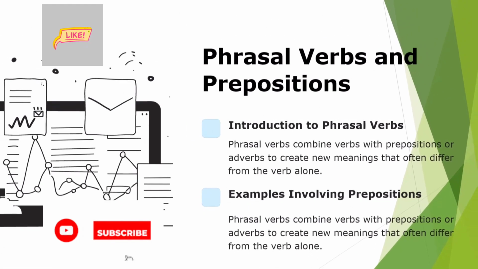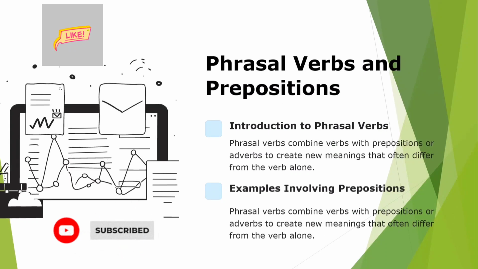Now let's look at phrasal verbs and prepositions. Introduction to phrasal verbs. What are phrasal verbs? Phrasal verbs combine verbs with prepositions or adverbs to create new meanings that often differ from the verb alone. Let's turn this into a clear, friendly, and easy to understand explanation for the students.